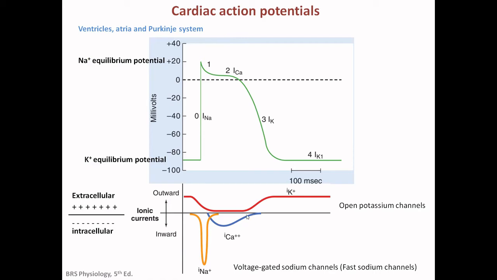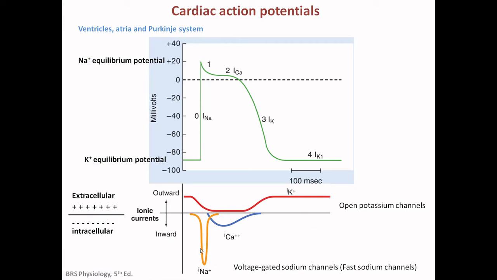When it is finished, there is the efflux of the potassium from the cell into the extracellular environment. Because the positive charge is going outside, there is the repolarization. So that is again becoming minus 90 millivolts.